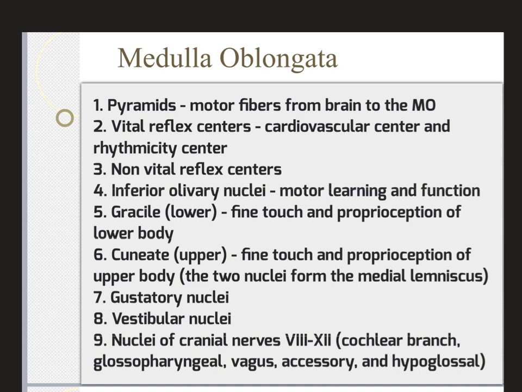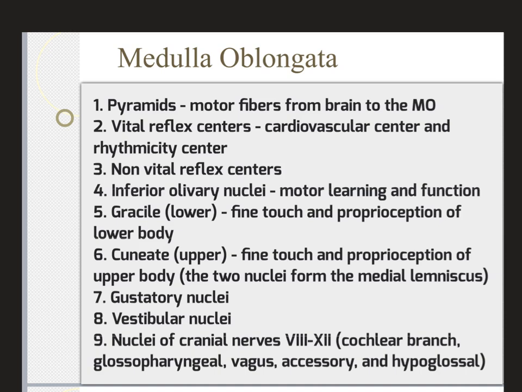So we're talking about the oldest part of our brain, these cardiovascular and respiratory centers that are going to maintain the rhythmicity of the heart, the rhythmicity of breathing, allowing for blood to flow without you having to think about it. Next are our non-vital reflex centers. These would be things like if you were to touch a hot stove, again, those flexor reflexes, crossed extensor reflexes, etc. Again, not vital for life function, but they are reflexes that help protect us.